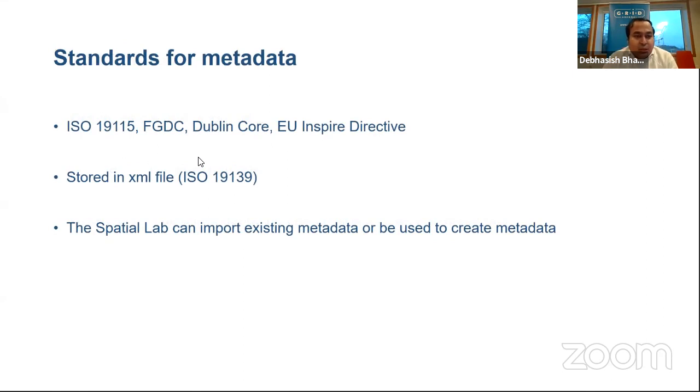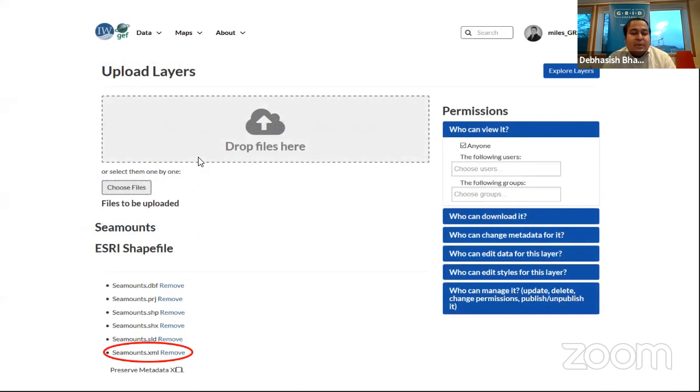In IWL and GeoNode, there are plenty of metadata formats accepted, and the main one we are using is ISO 19115, and all are in XML format. If you remember, during uploading we uploaded four files. But if you have a metadata file for the shapefile, you can include it directly.